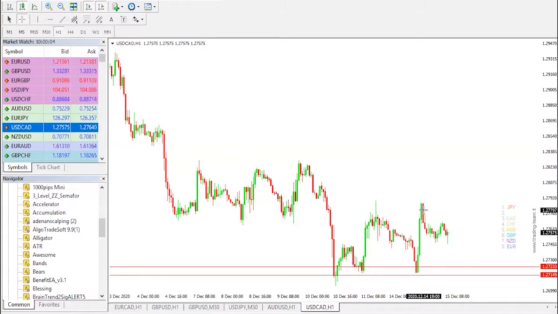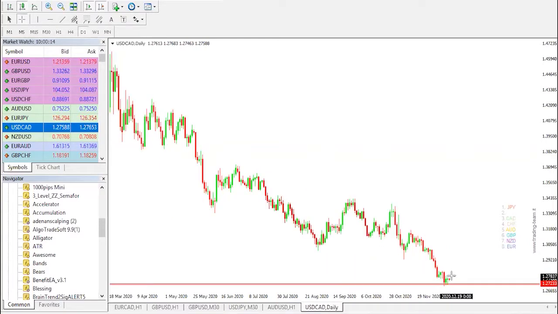So we have our major support zones at 1.2815, going back to our daily time frame. Also at 1.2795. Then we also have another at 1.2775 and the last at 1.2756.